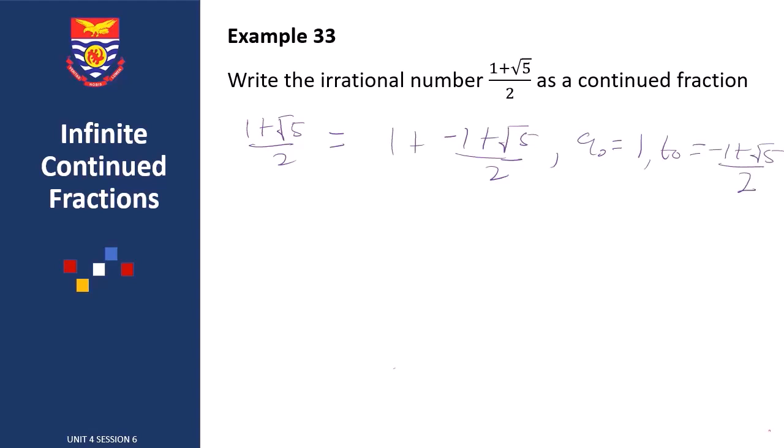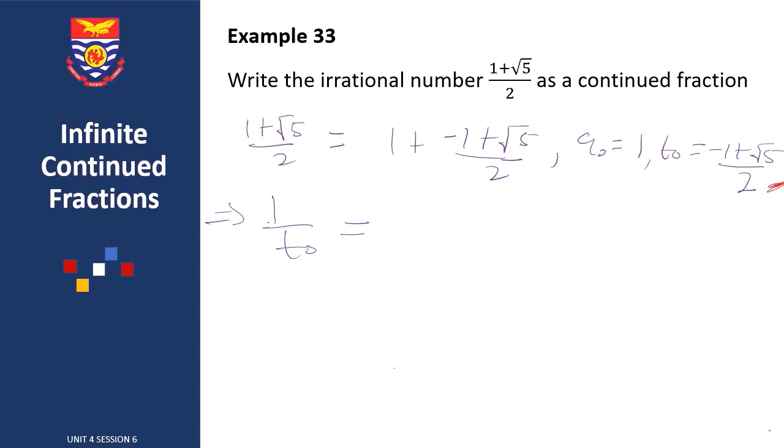That's our t0. And what is the next one? We repeat the process, so we find 1 on t0. 1 divided by t0 is actually 1 over that expression. What do we get?